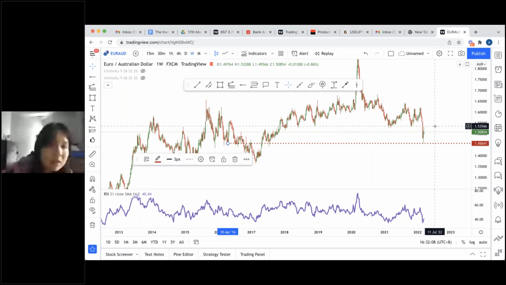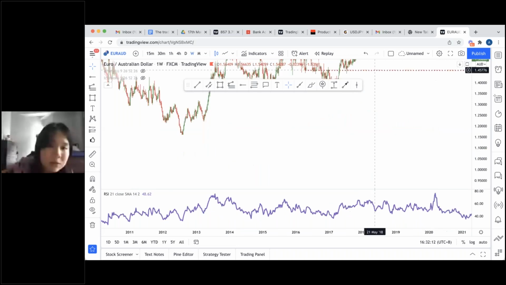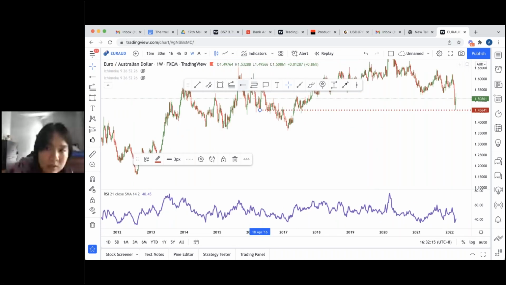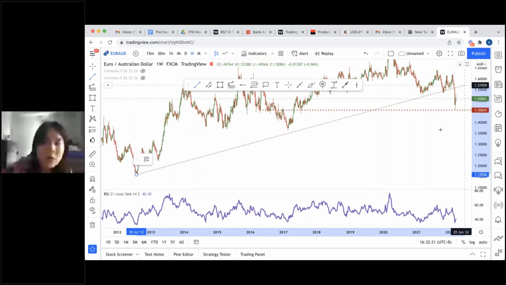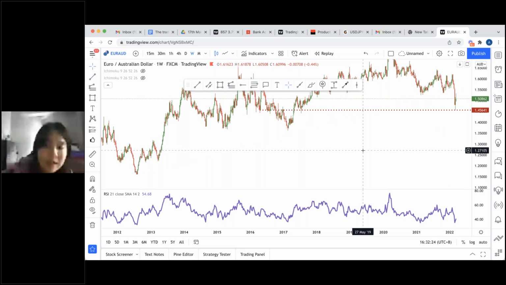Another way to find trades: this is not an ascending trend line. What you want to do is look for chart patterns, descending trend lines, ascending trend lines, channels.